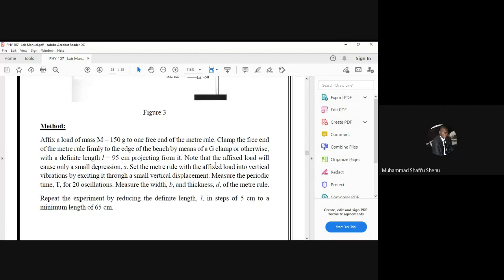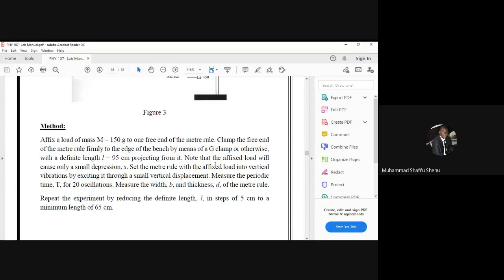Okay, so from there, Peter, what do we do next? Note that their fixed load will cause only a small depression. So by attaching the meter rule with the fixed load, we set the meter rule into vertical vibration by exciting it through a small vertical displacement.